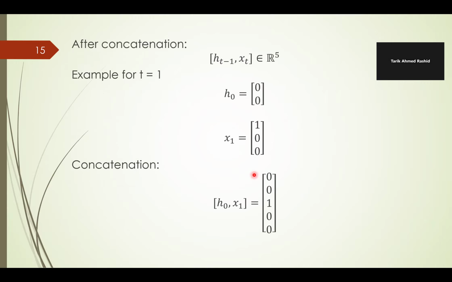So there are three digits. Here, for example, at time one, for I, hidden is 0, and x1 is 100. So concatenate this and this, and you will get that one.